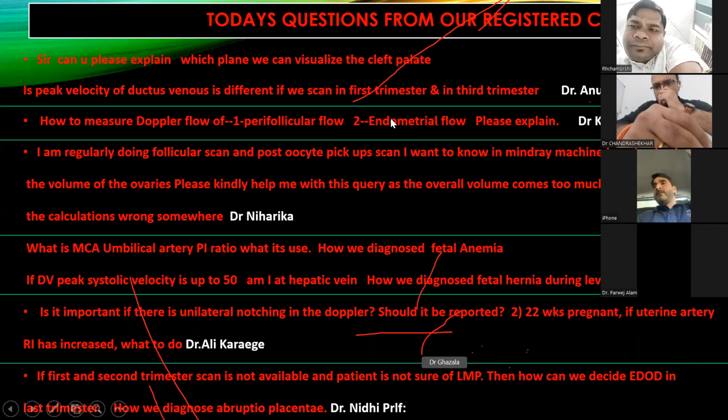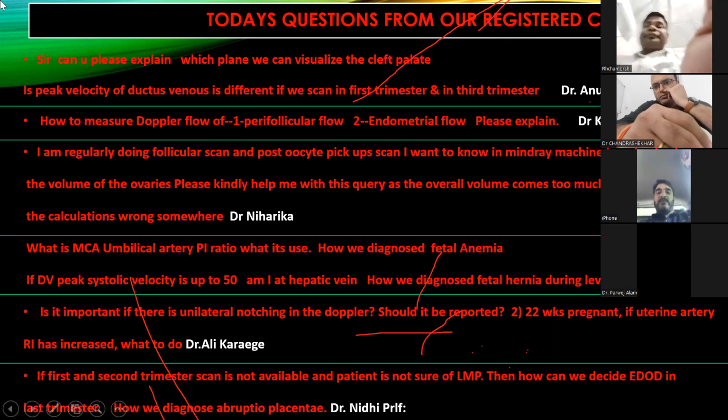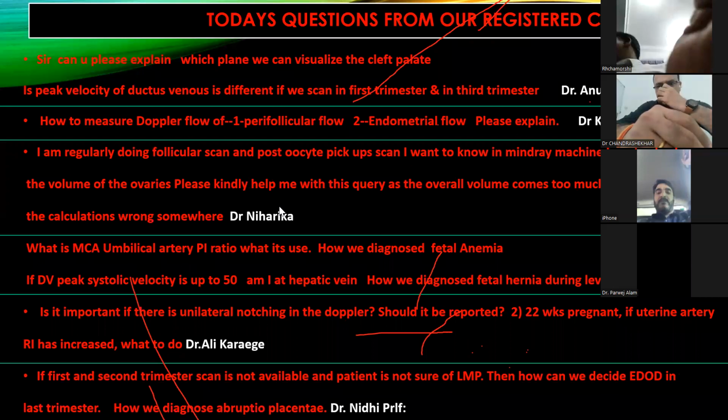Then Dr. Niharika is posting the question that she is having regular cases of post-oocyte pickups in her clinic or hospital, and she is always getting the ovarian volume on the higher side. You can go through the questions yourself.